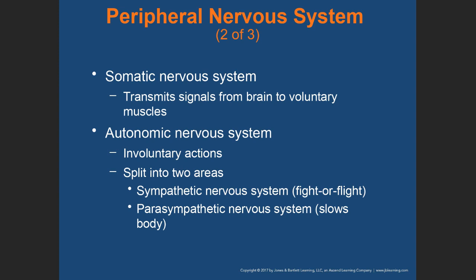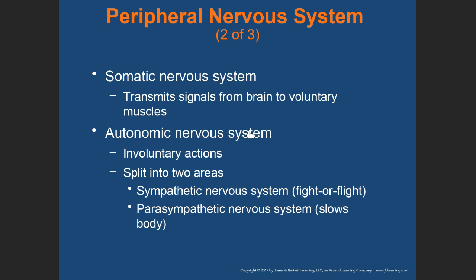The autonomic nervous system is heavily influenced by the cranial nerves and hormones being produced in specific areas of the body. So the functions tend to be more internal and more involuntary.